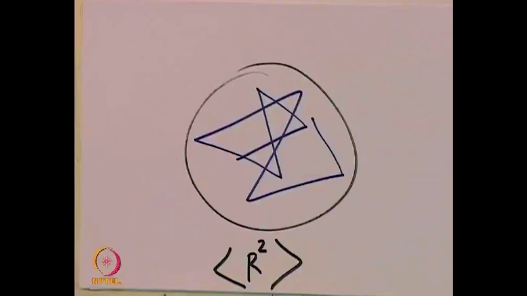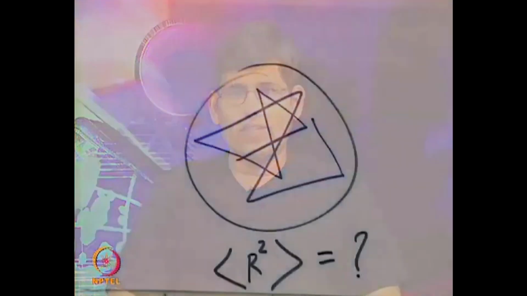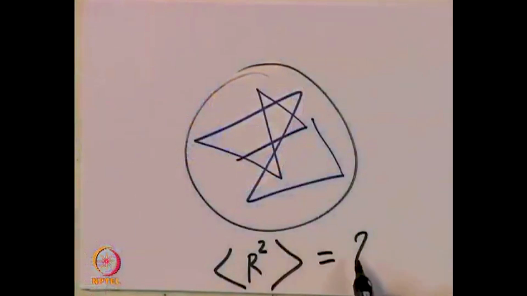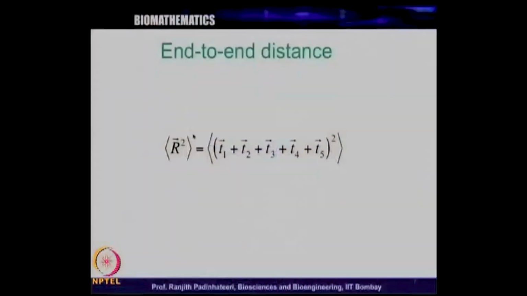Okay. So, what is R square average? That is the next interesting question. How is R square average defined? If you look here, R square average is defined as T1 plus T2 plus T3 plus T4 plus T5 whole square, averaged.